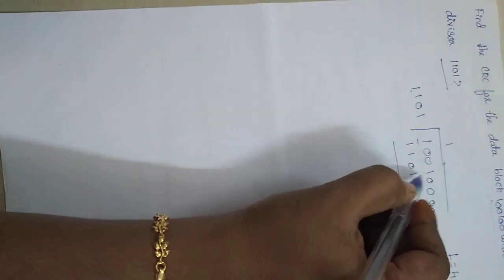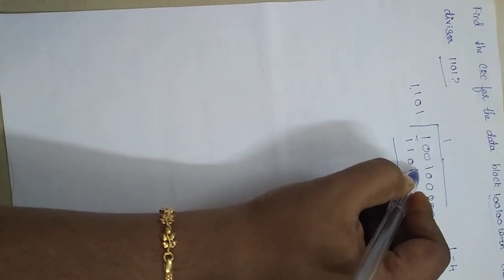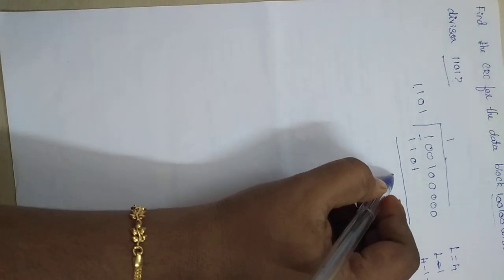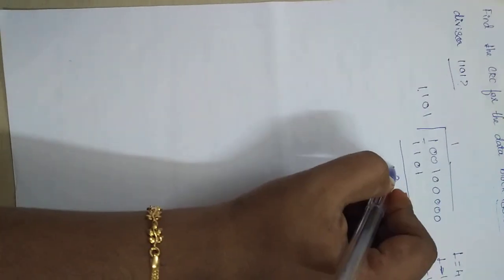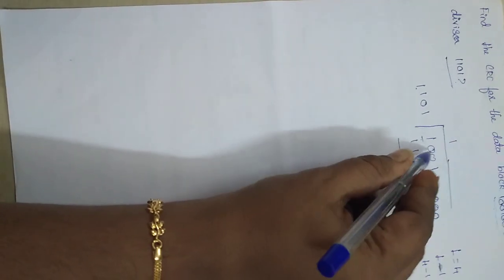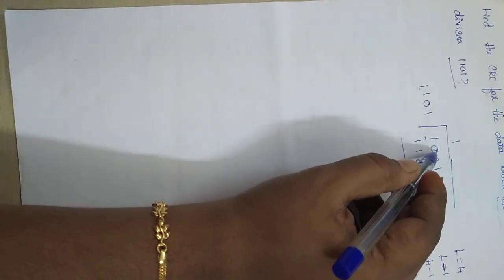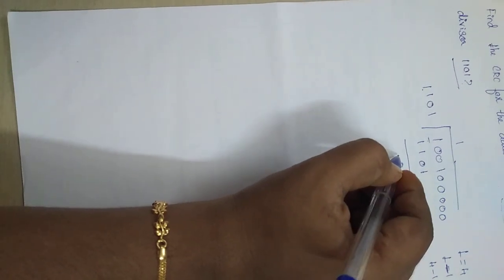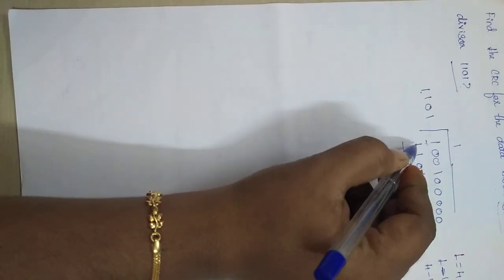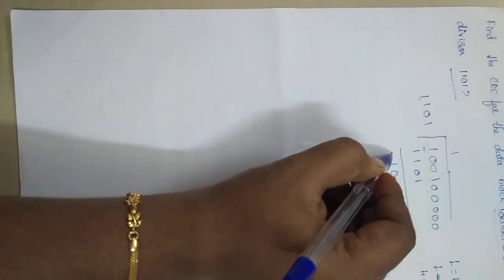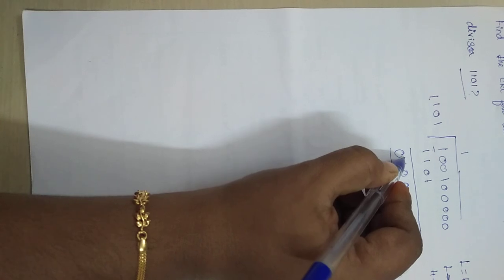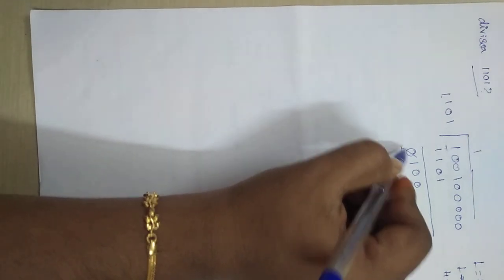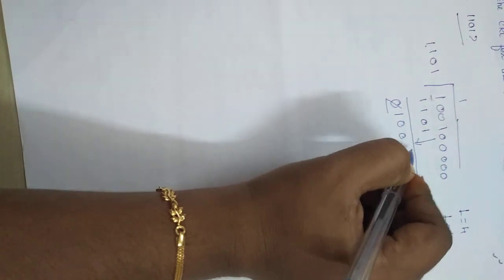The same inputs give output 0. Then with different inputs the output is 1. Then with the same inputs the output is 0. The last part, the most significant bit, is omitted. So again we drop down the next 0.